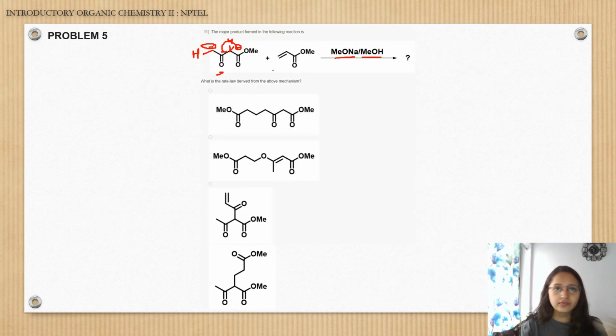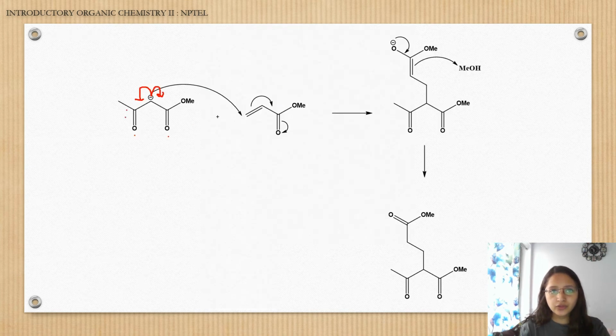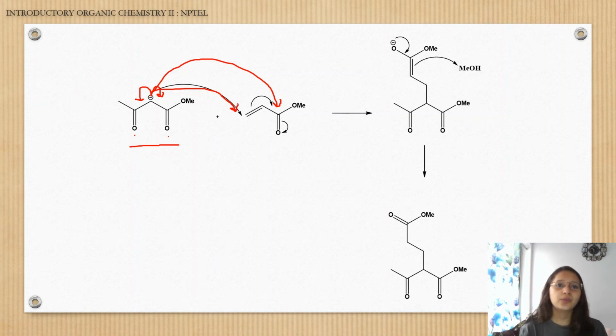Now this is also going to give a 1,4 addition, because it is conjugationally stable. Is it going to give a 1,4 addition or a 1,2 addition? Will it add to this carbonyl or to this CH2? CH2, very good.